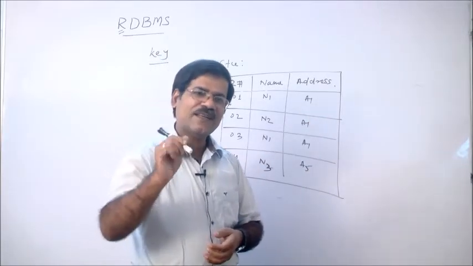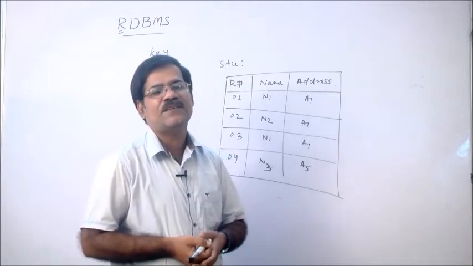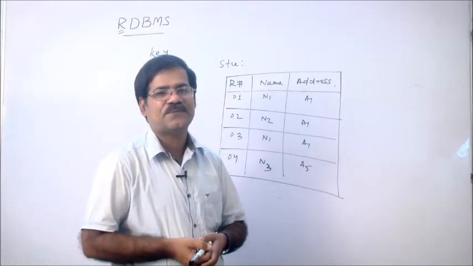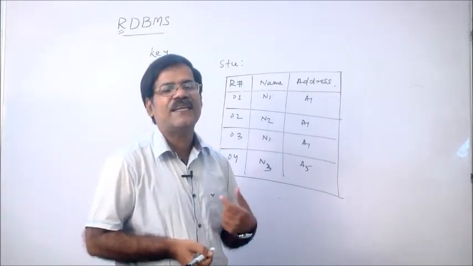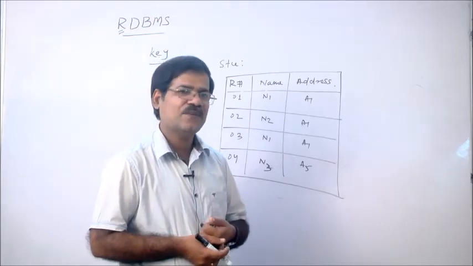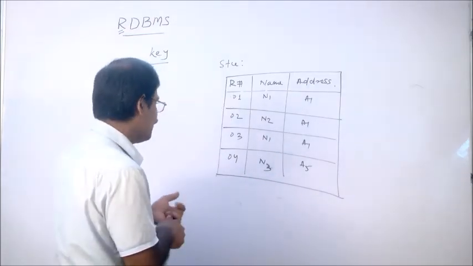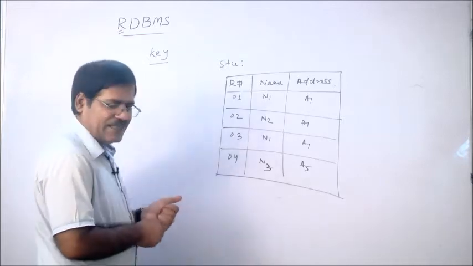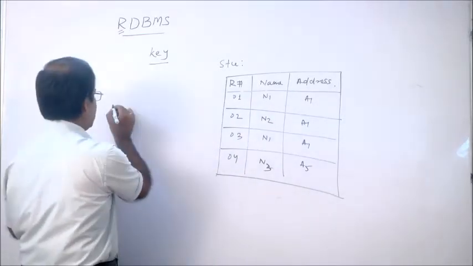So a key is unique, which means the value should not be duplicate. So we can retrieve a single, unique record from the table. That is why in this particular table roll number is taken as a key field. Roll number is a key.